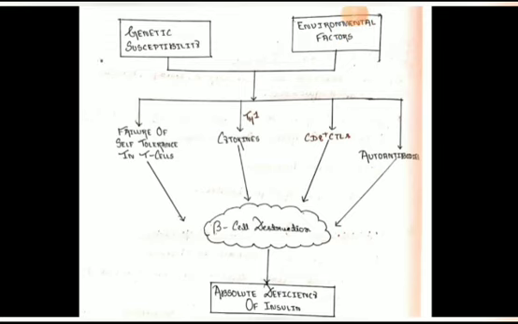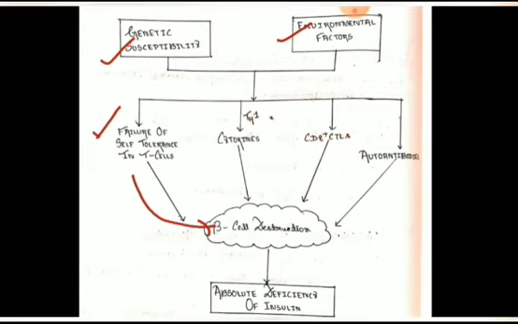So due to the genetic susceptibility and the environmental factor, there will be failure of self-tolerance in the T cells, and since they can now react against the beta cell antigens, it can result in destruction of the beta cells.